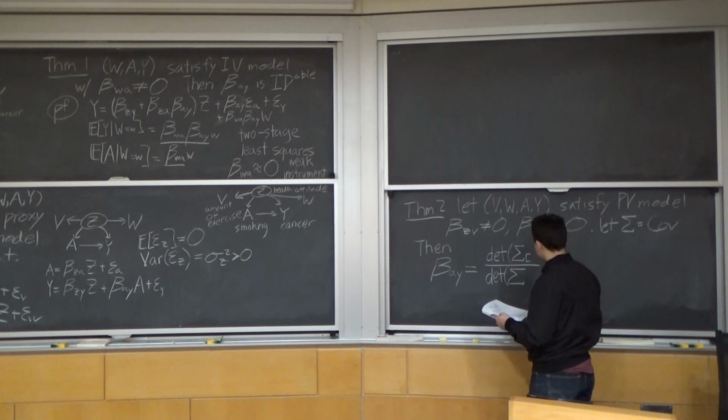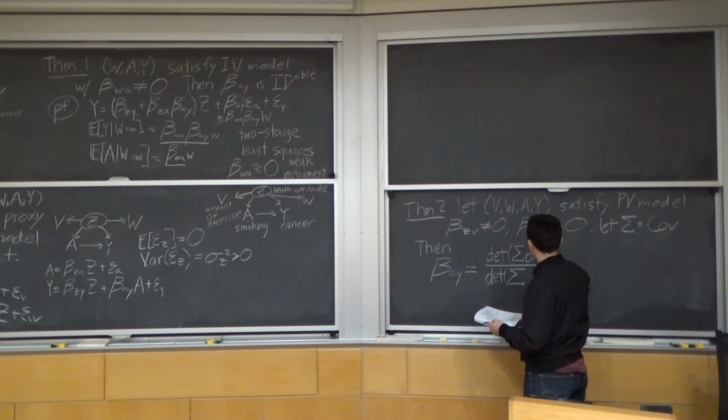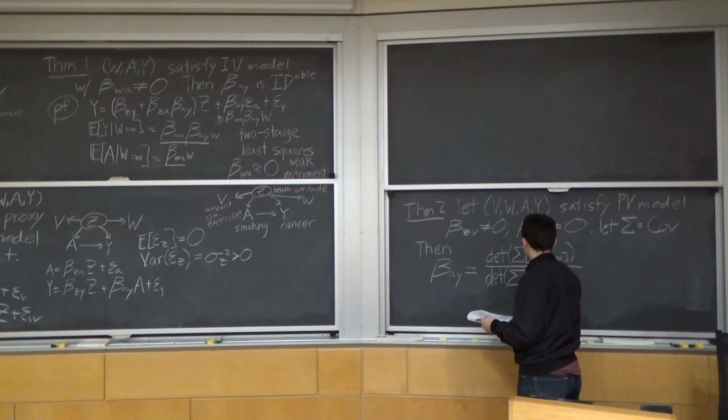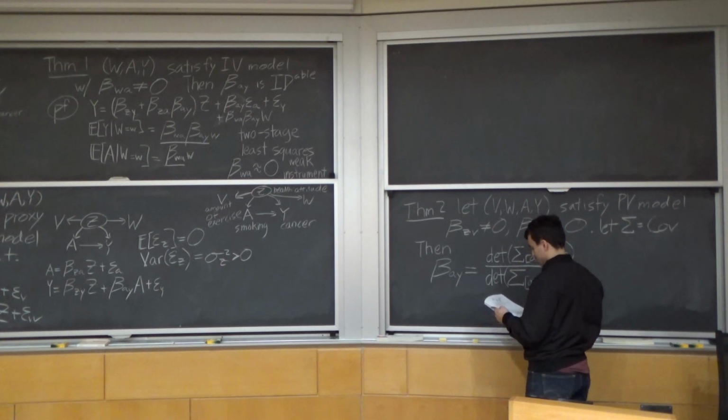So we can express this as, first we're taking the rows A, V, and the columns Y, W. And on the bottom we're taking the rows, again A, V, and now the columns A, W.